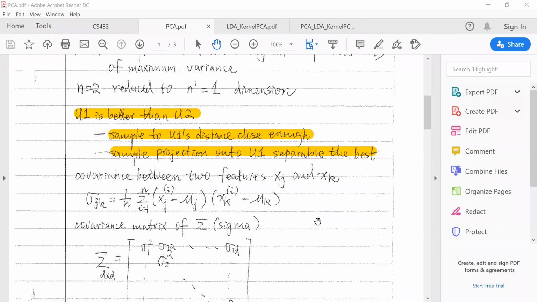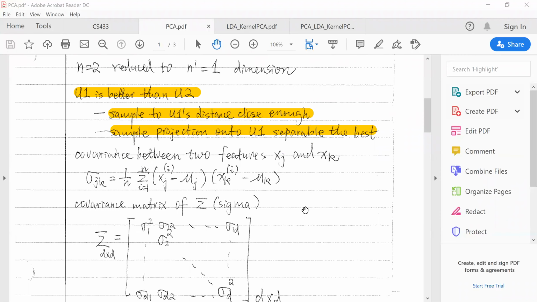And how do you come up with the principal component? Visually we can see it, but there is some math derivation that you can use to find that U1 principal component.